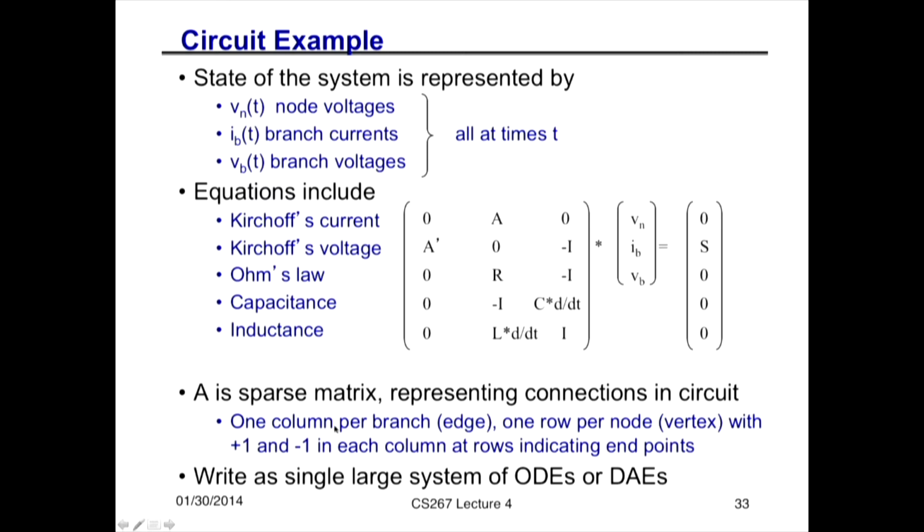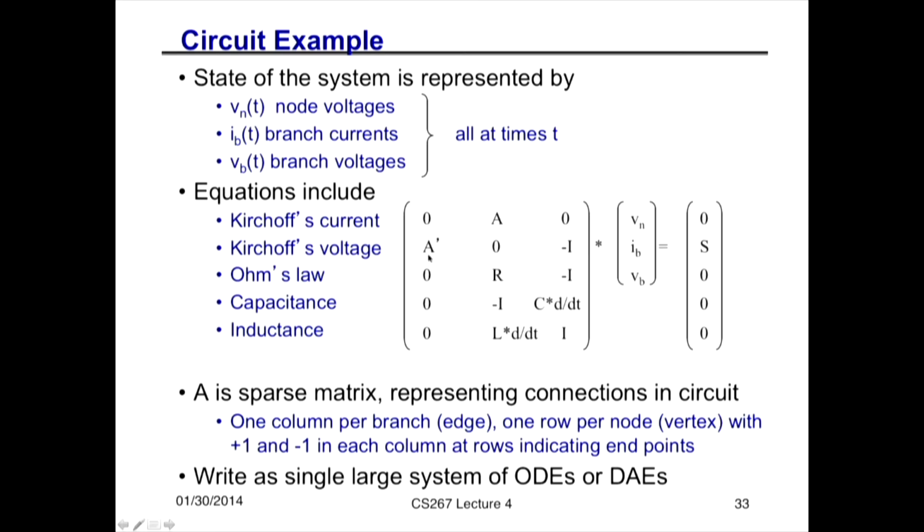There's going to be one column in this matrix per branch, per edge, per wire if you like, and one row per node where the wires come together, with a plus one and a minus one in it. What this matrix times vector multiply does is add up all of the stuff that goes into one particular vertex, and it says it's got to come out to 0. It's just conservation of electrons.